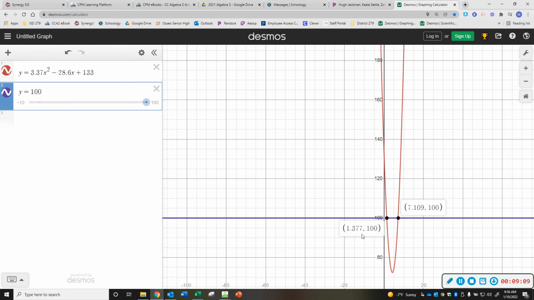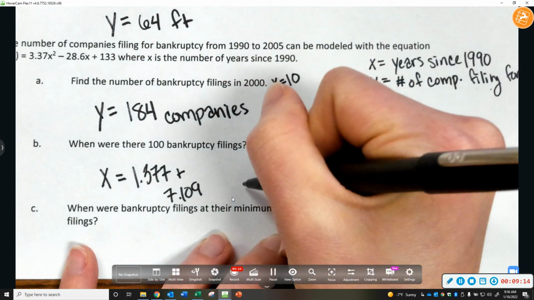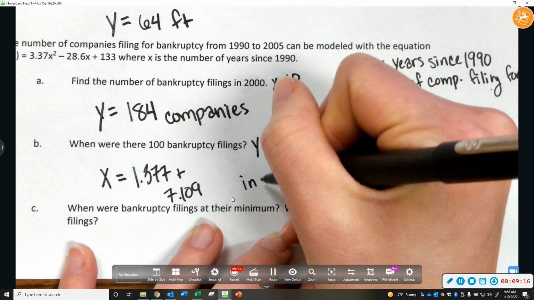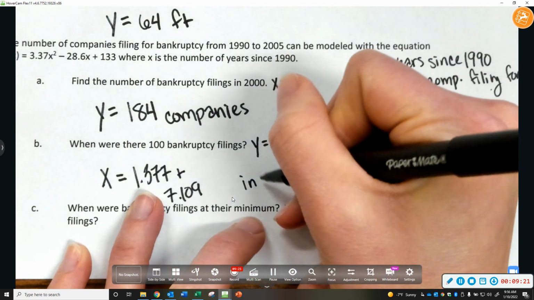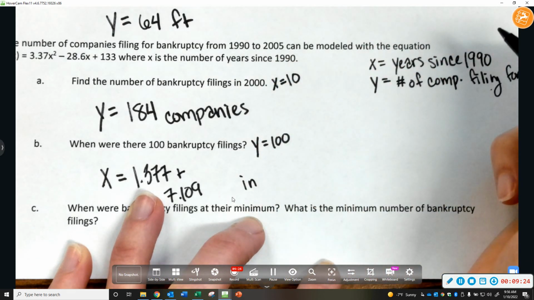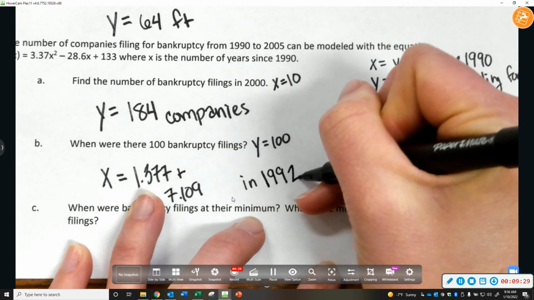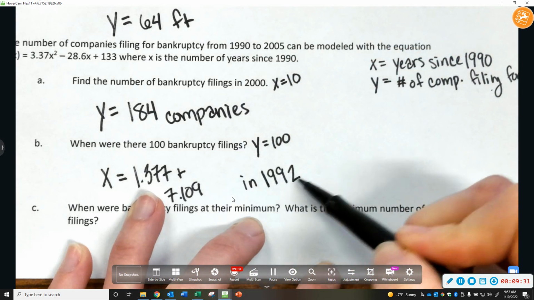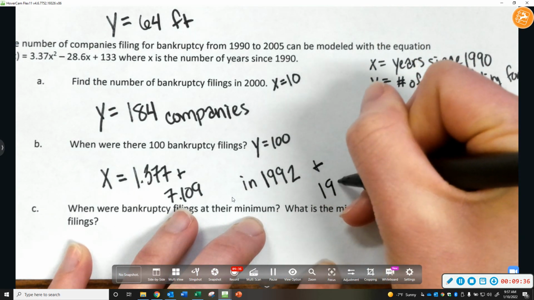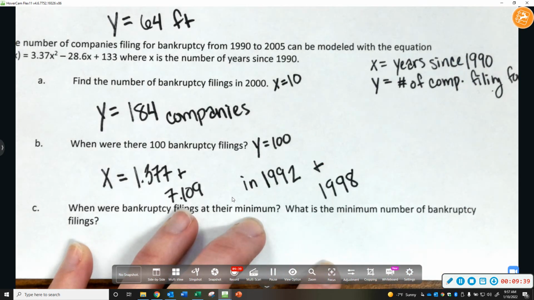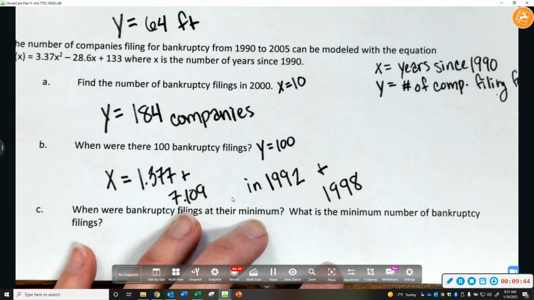So that means it is going to be in, so it's 1991, so it's in 1992, because it's a little after 1991, and in 1998 because it's after 7, because it's after 1997, so it's in those years at some point.